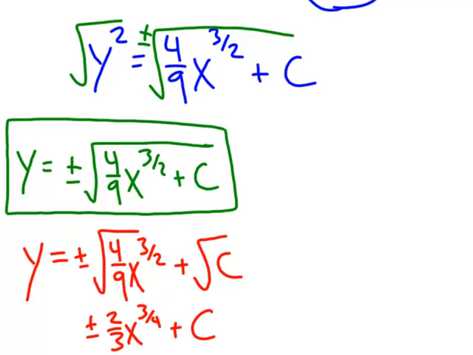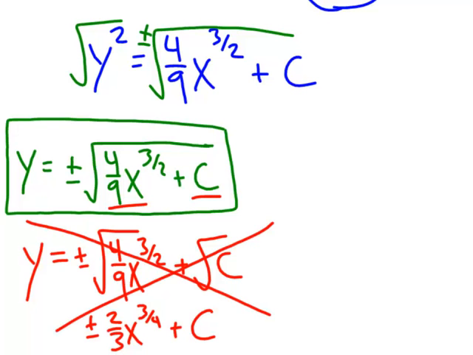And then they say, okay, root c, well, that's just going to be a c. In any case, I hope you see the error here. When you have two terms being added underneath the radical, you are not allowed to split it into two radicals. Please don't be one of those who falls into that mistake.